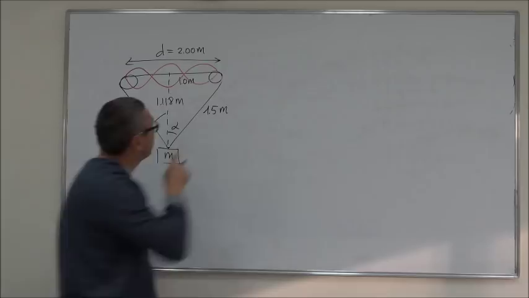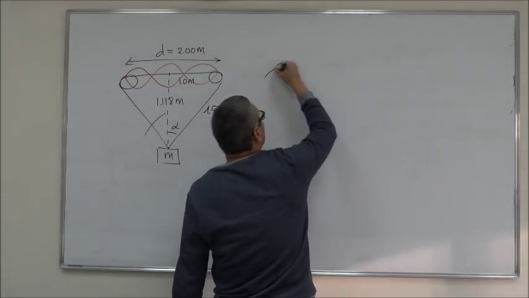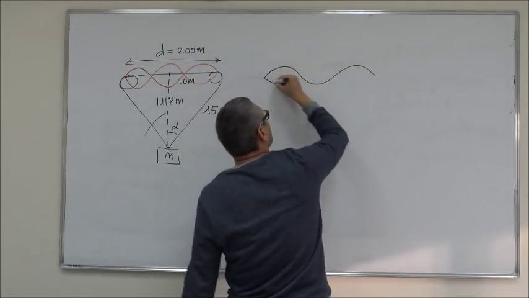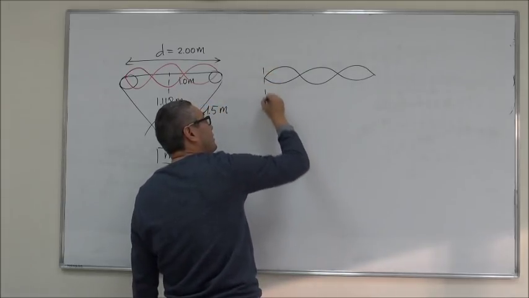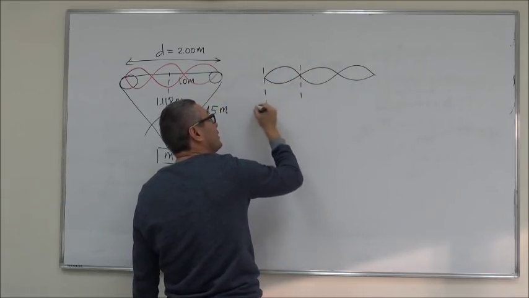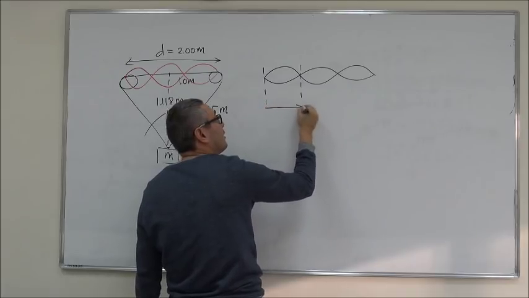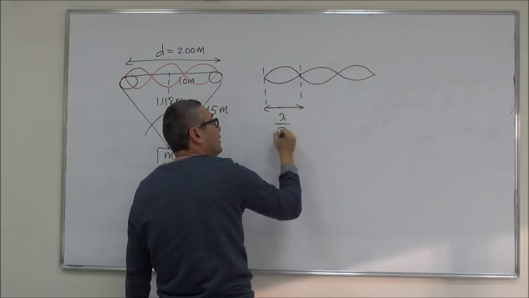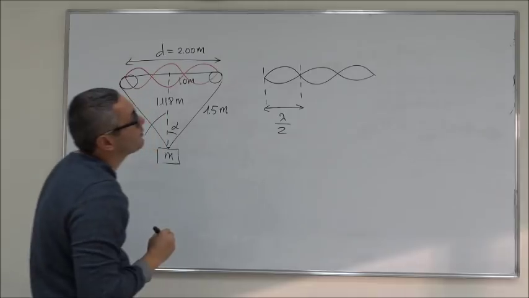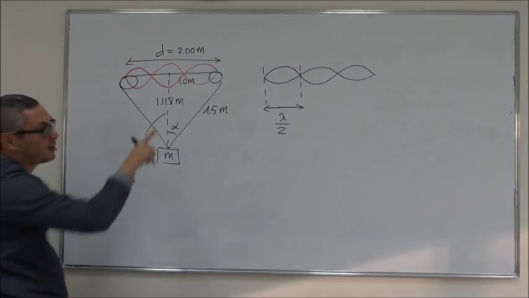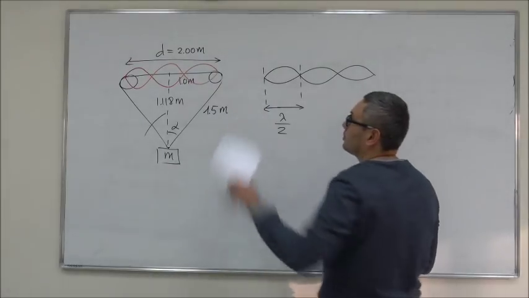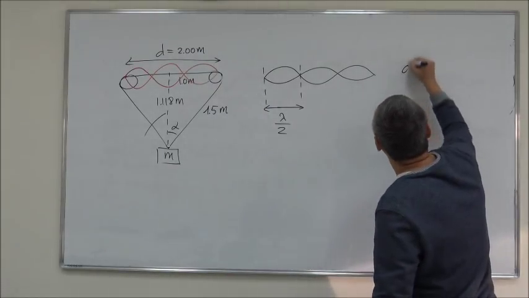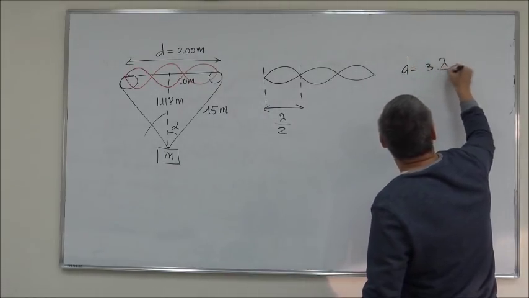Well, if you just look at that pattern, and let me redraw it here, that's how it looks. We know that one single loop accounts for the length of lambda over 2, so half of the wavelength. And as you can see, we have 3 halves which correspond to distance d, so we can say that d is actually 3 lambda over 2.